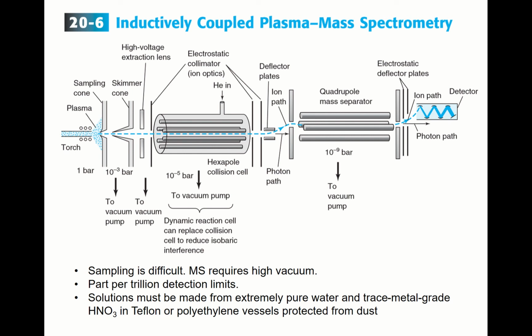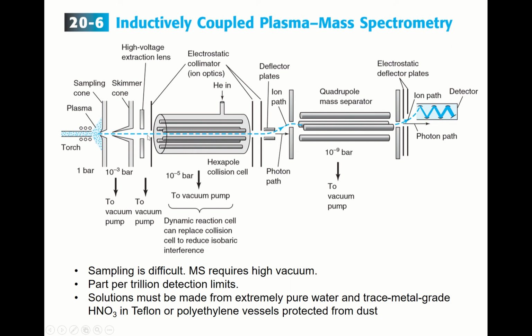Let me see, atoms now enter this skimmer cone, and then through the high voltage extraction lens, and then are introduced to the hexapole collision cell. Here, in front and in the back, there is an electrostatic collimator.